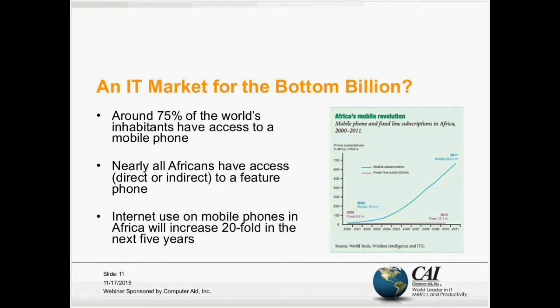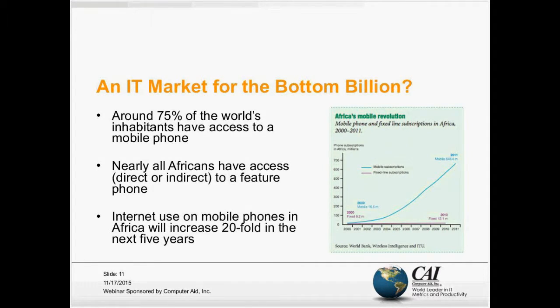The first one, related to the opportunity, whether there is a market or not, is some data related to the diffusion of mobile phones in Africa and more in general in the world.